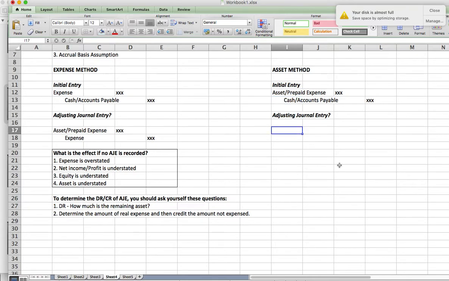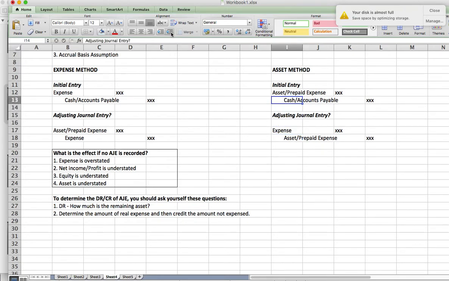So, the adjusting journal entry should be debit, expense, credit, asset, or prepaid asset, or prepaid expense. Pag prepaid expense, hindi expense yan ha, yan ay asset. Yung accrued expense naman, hindi expense yun, liability yun. Okay, tandaan nyo yun ha.